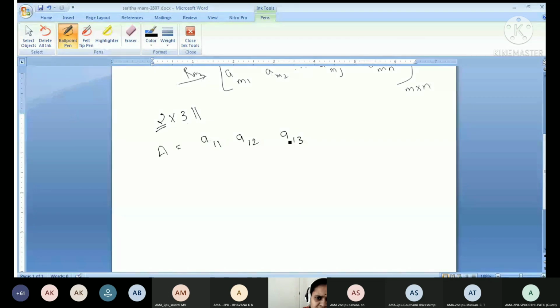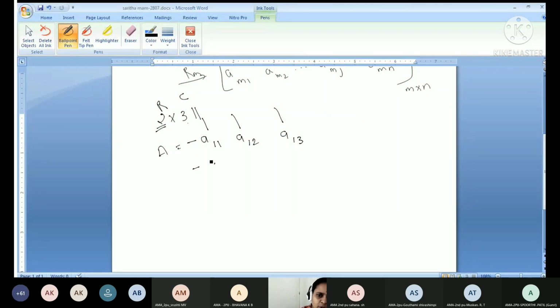This is row, this is column. While writing the first row only, you will get all the columns. So this is the first column, second column, third column. First row completed. Second row I have to take. It is A21, A22, A23.